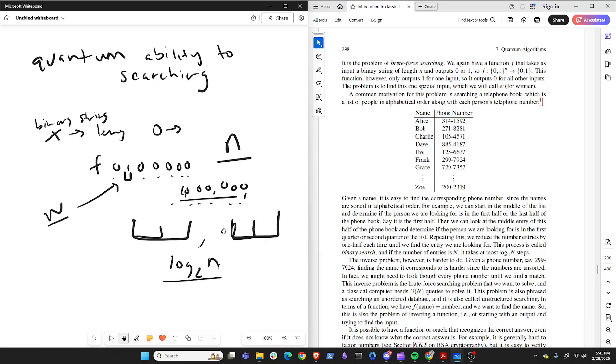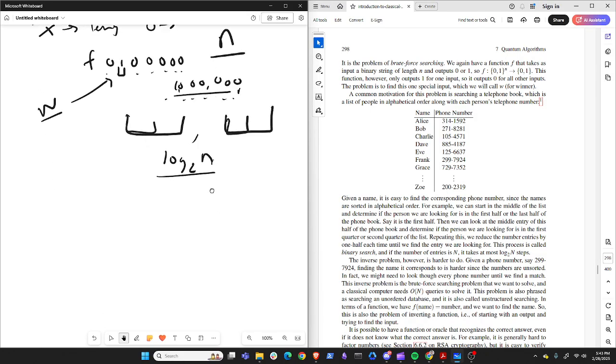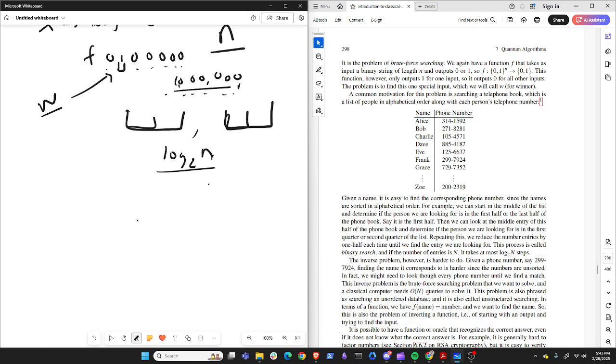But the inverse problem is a lot harder to do. Given a phone number in this example that they're using, find the name it corresponds to, because the numbers are unsorted. A phone book in the example is sorted by name, but the numbers are unsorted.